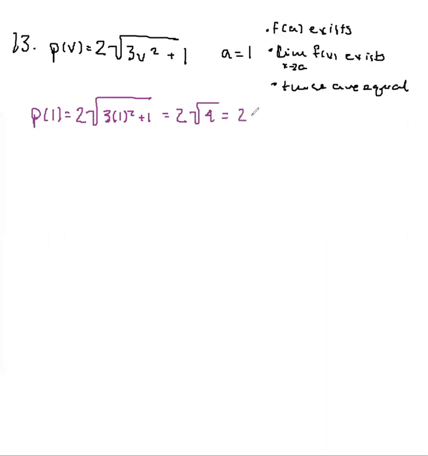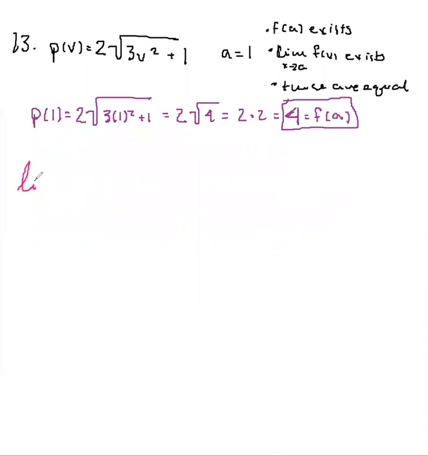So this will be 2 times 2, which is equal to 4. So f of a exists, and it is equal to 4. Or rather, p of 1. All right, so now we go back around to this limit.